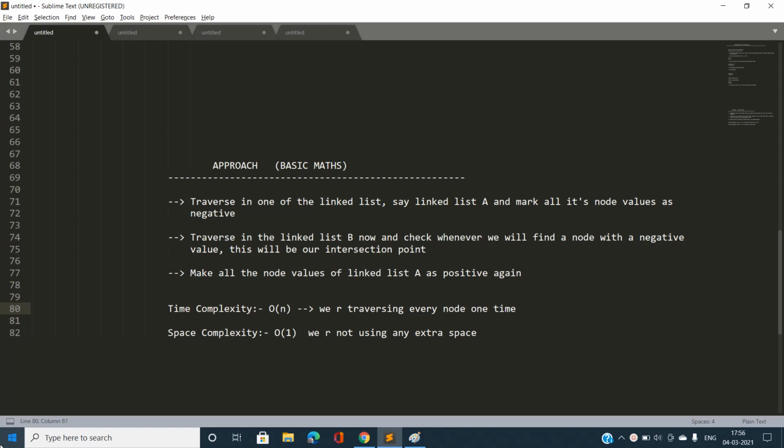Also I am going to write here that modification is O of max of n comma m, where n and m are the lengths of the linked lists respectively. Okay, so let's move on to the implementation part.